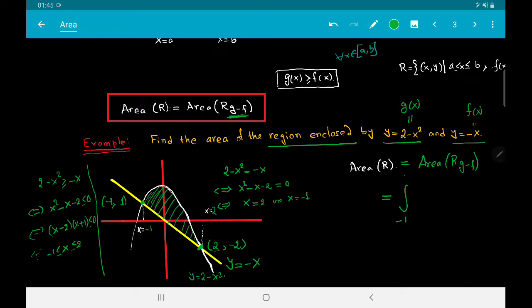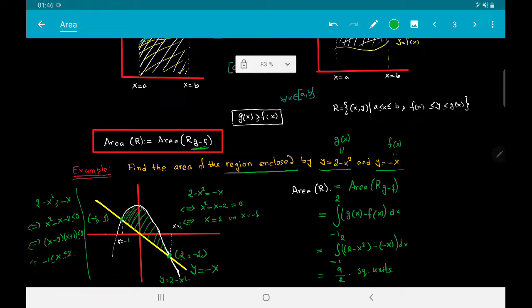So we are going from minus 1 to 2 of g(x) minus f(x) dx. So this turns out to be the integral from minus 1 to 2 of 2 minus x squared minus x, and if you do your computations correctly, the answer will turn out to be equal to 9 by 2. So 9 by 2 square units to be very precise.